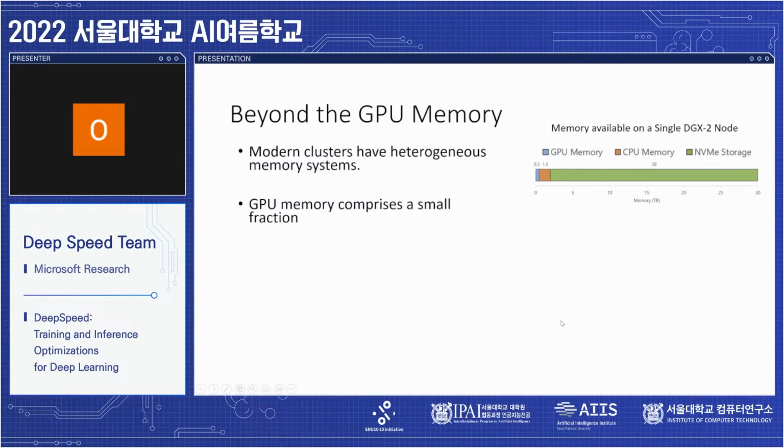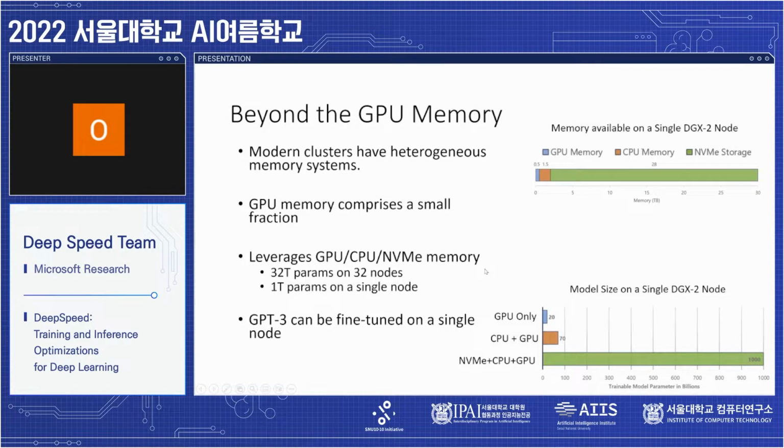Next slide, please. So the motivation for ZeRO-Infinity is the observation that in our modern clusters, we actually have heterogeneous memory systems. In a single DGX2, for example, we find that the GPU memory is actually the smallest fraction of memory in there. The DGX2 has 1.5 terabytes of CPU memory and about 30 terabytes of NVMe storage, and just half a terabyte of GPU memory in all.